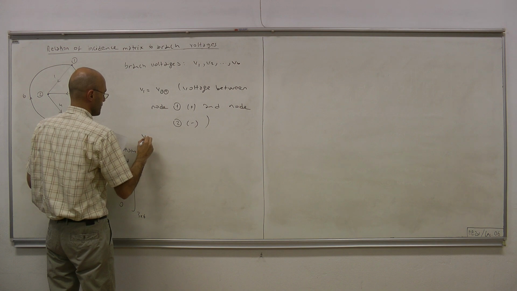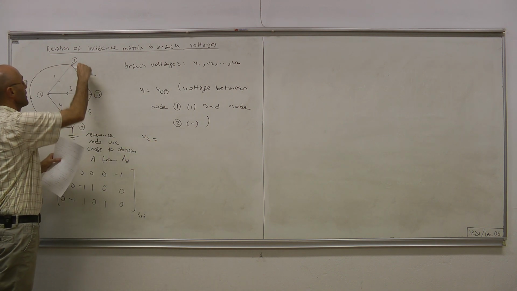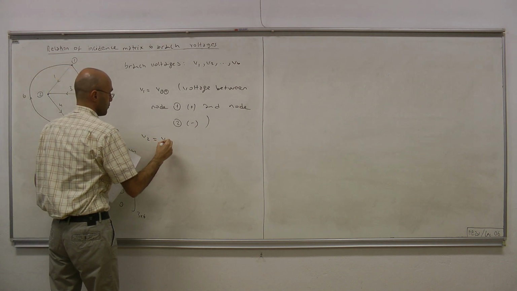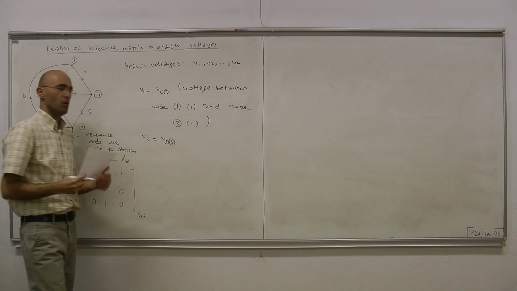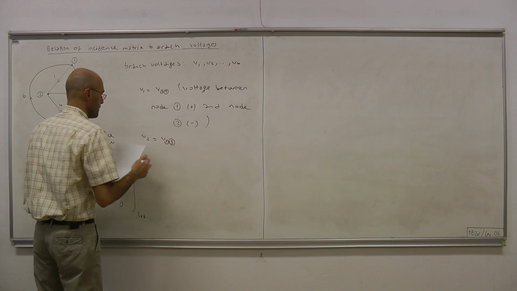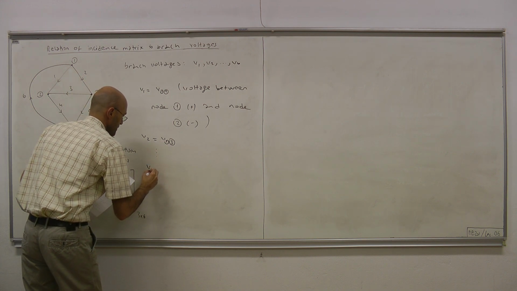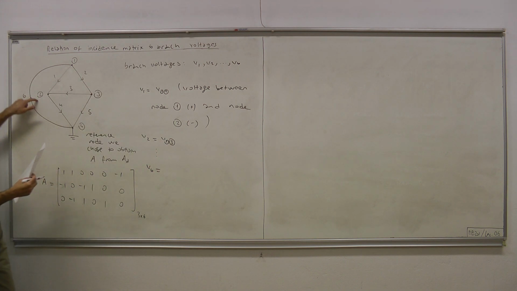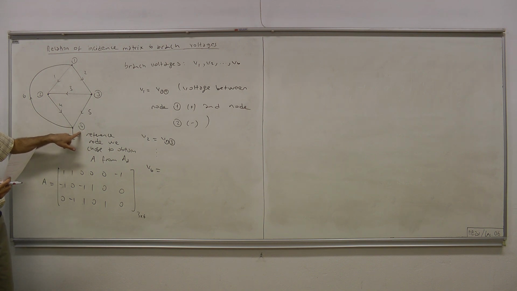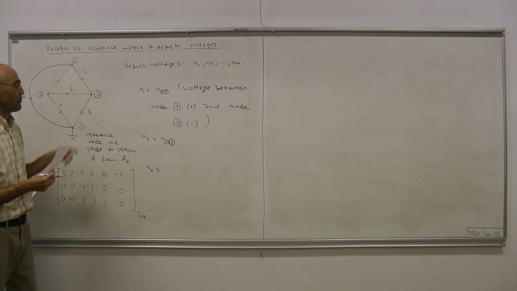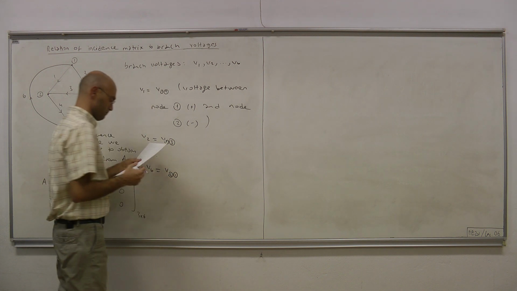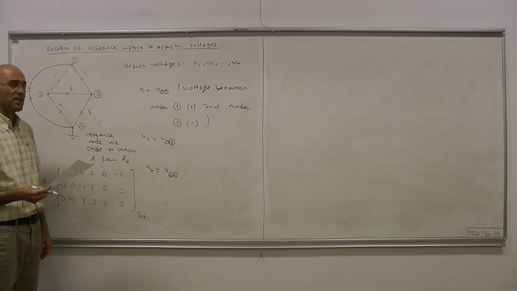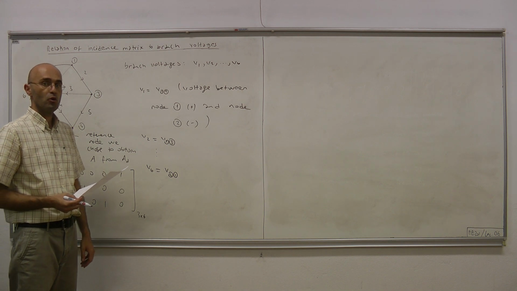And V2 is the voltage between the first node and the third node, V13, and so on. And V6 is this voltage, which is the voltage between the fourth node and the first node, V41. That's how we define the branch voltages.